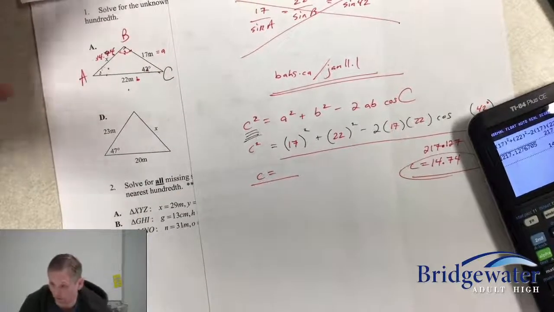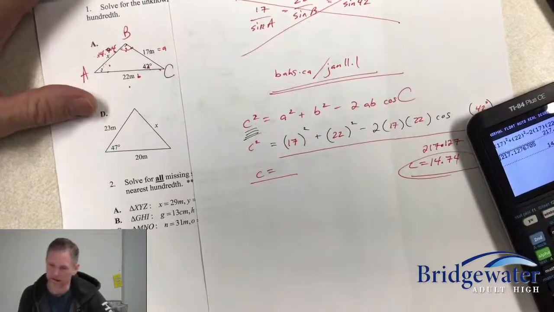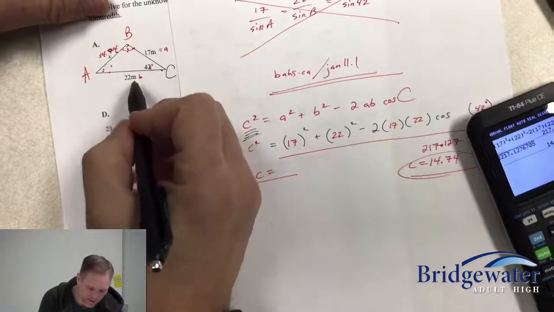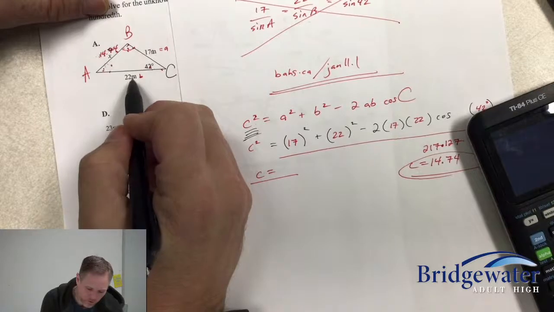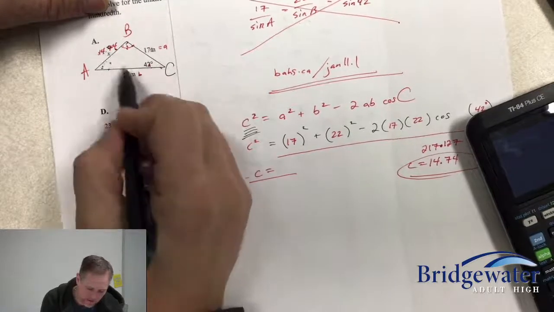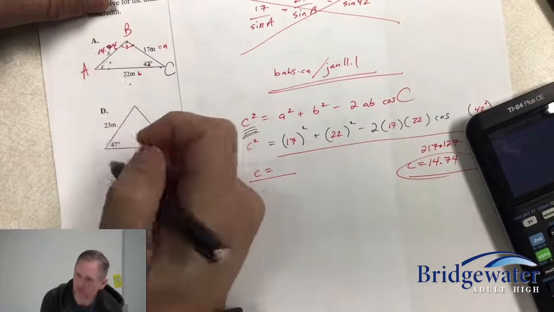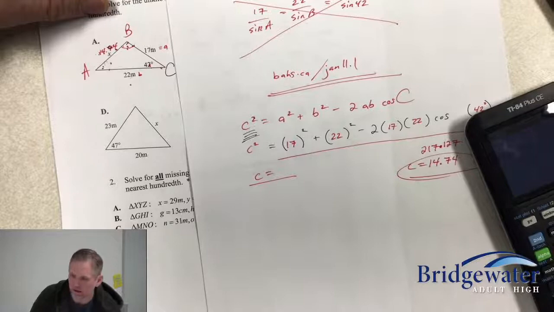I don't know what they are, but you can get a ballpark of what it's going to be, especially if you get two of them together. So let's say you end up with the 22 and the 14. You know that 17 is going to be somewhere between those two answers. So you get a bit of a range there, and you know, okay, that's about right.